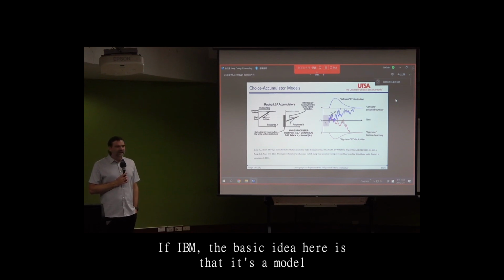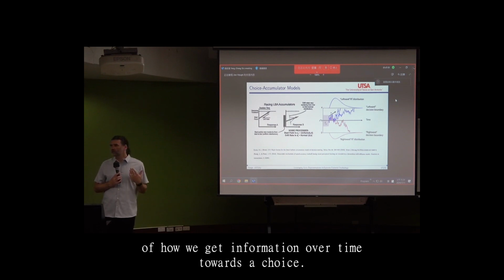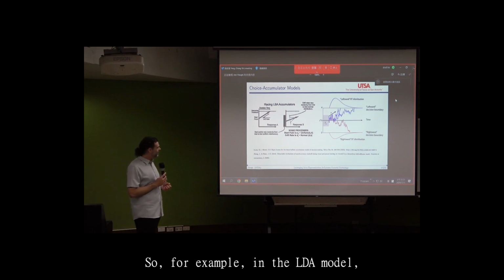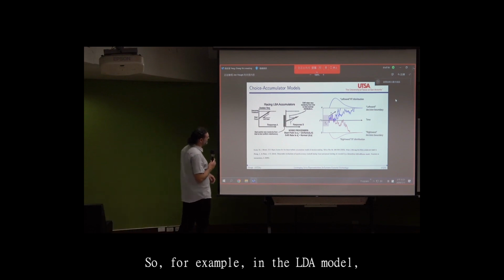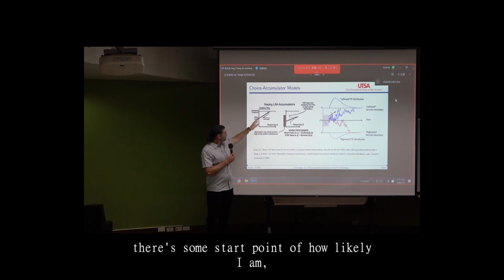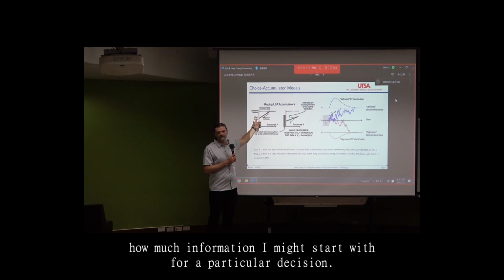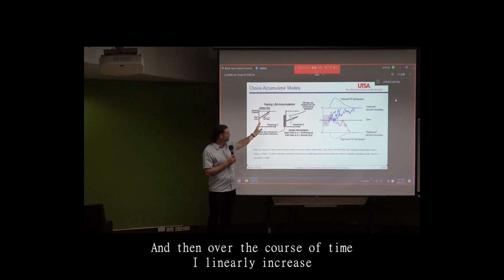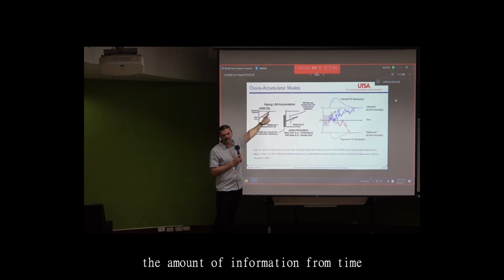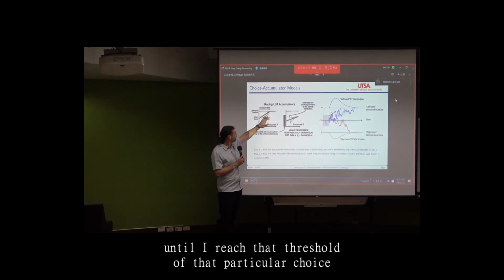The basic idea here is that it's a model of how we gain information over time towards a choice. So, for example, in the LBA model, there's some start point of how likely I am, how much information I might start with for a particular decision. And then over the course of time, I linearly increase the amount of information I have, the amount of preference I have, until I reach a threshold of that particular choice.